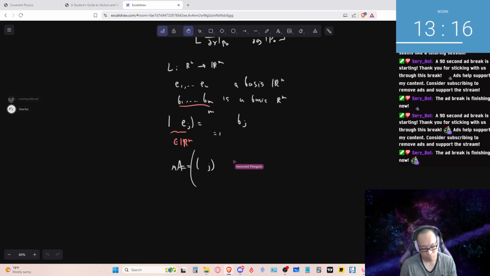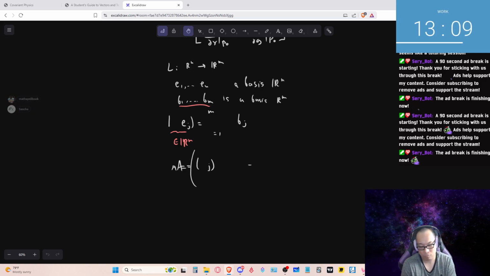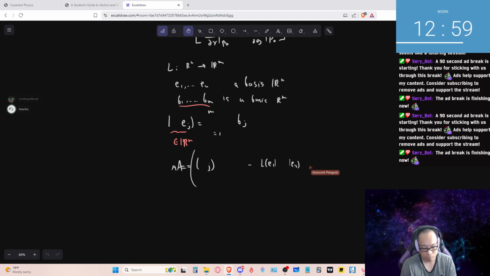And the idea is A will have the following form. The first column will be the vector L of E1, the second column will be L of E2, and so on.